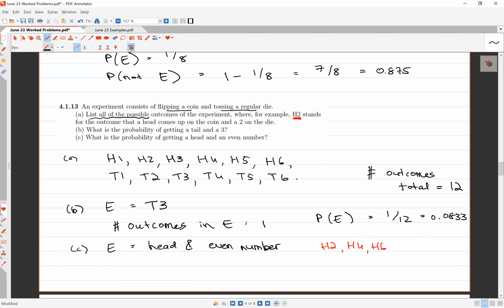So how many outcomes are there in this event? 3 of them. And so our probability will be 3 over 12, which simplifies to 1 in 4, or you can express it as 0.25.